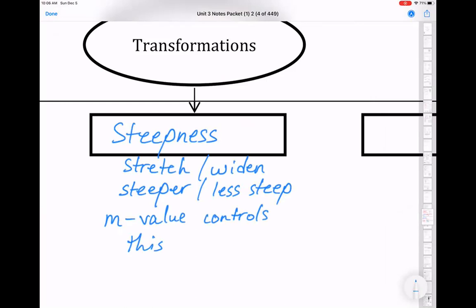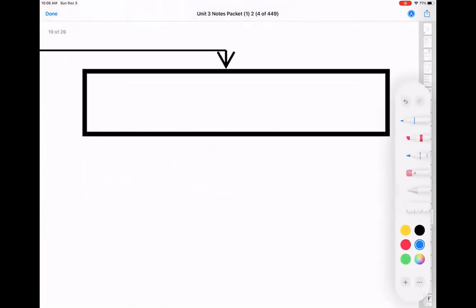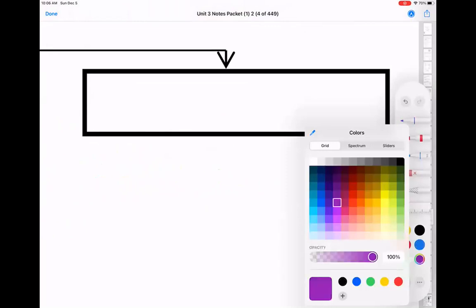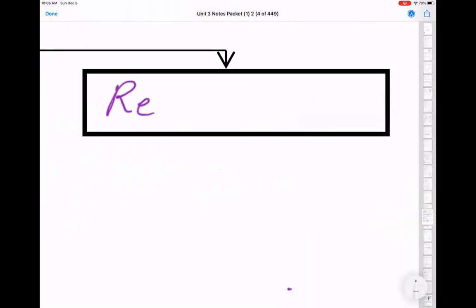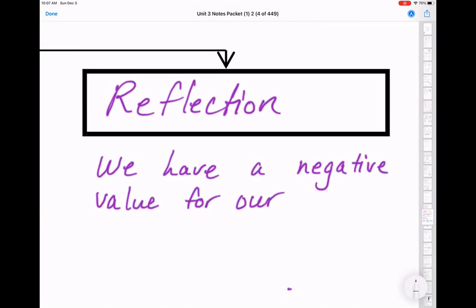Okay. And then the final main transformation that we see with linear is what happens when you have a negative. So this is what we call a reflection. Okay, and this is when we have a negative value for our line, or really our M value.